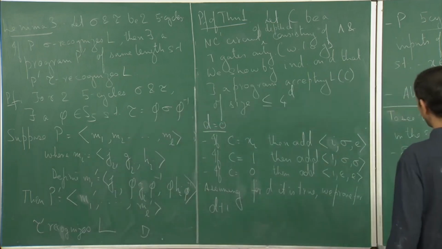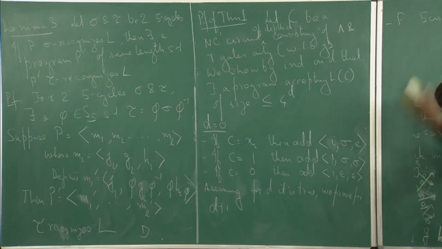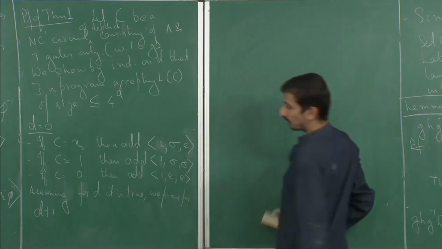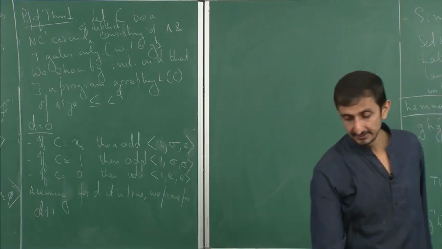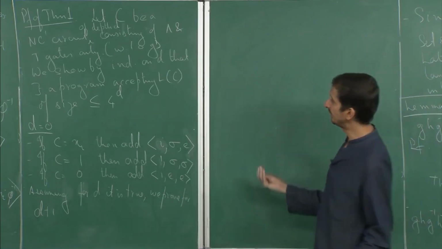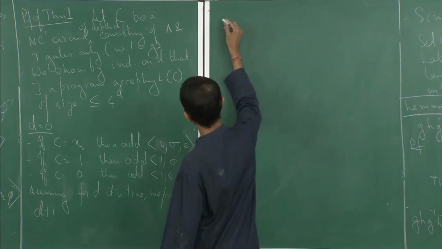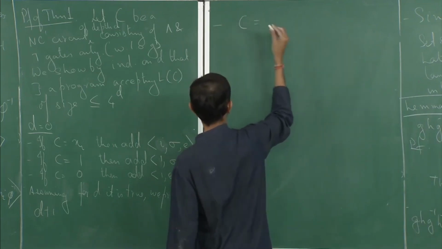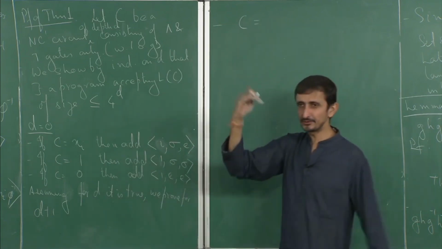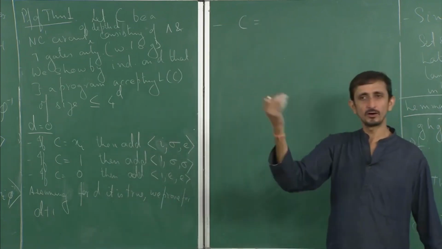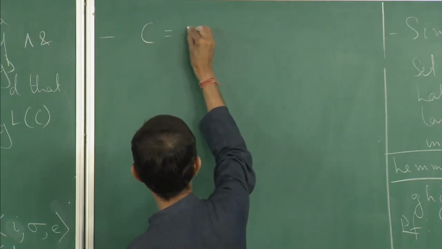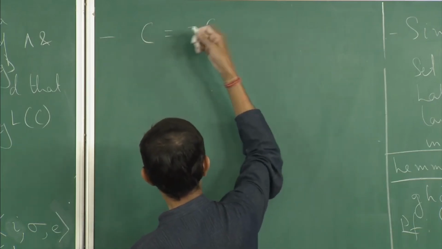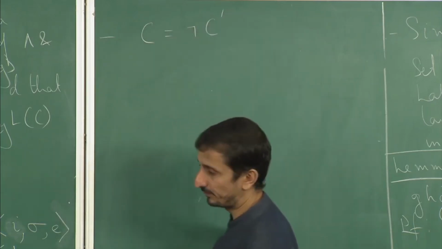So we assume there is a program of size at most 4 to the power D for a circuit of depth D. Now, if C is a circuit of depth D plus 1, how does C look? There are two forms: the top gate can either be a NOT gate or an AND gate. Suppose the top gate is a NOT gate, so C is of the form NOT of C prime.